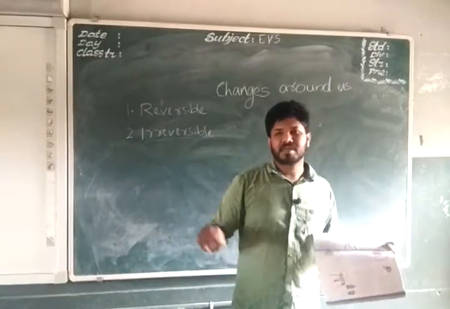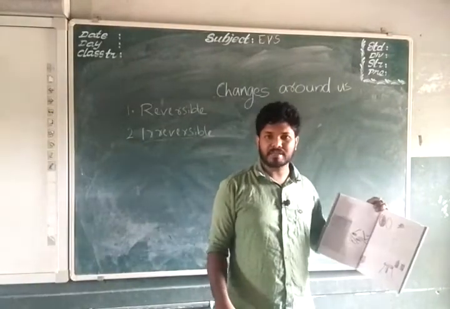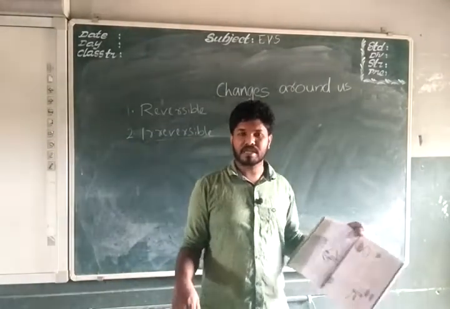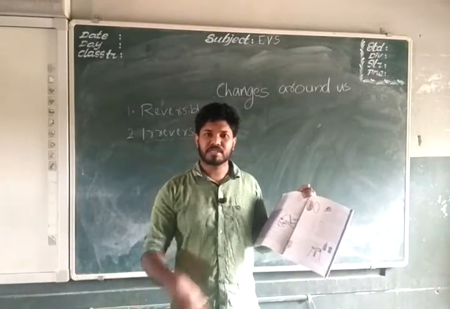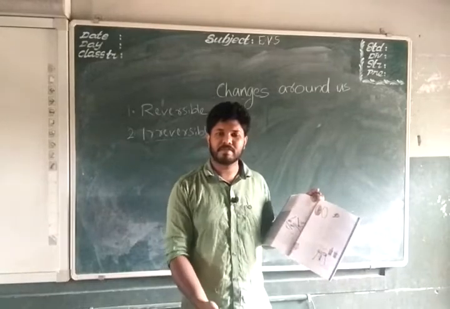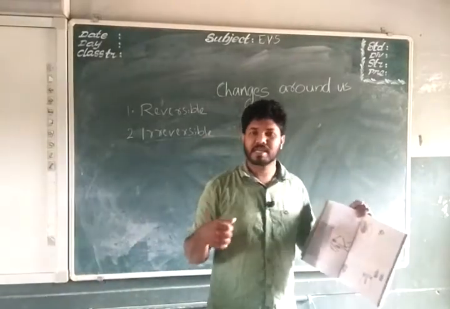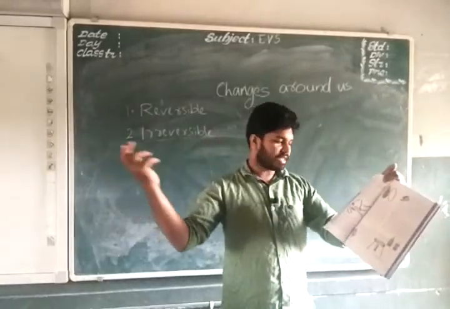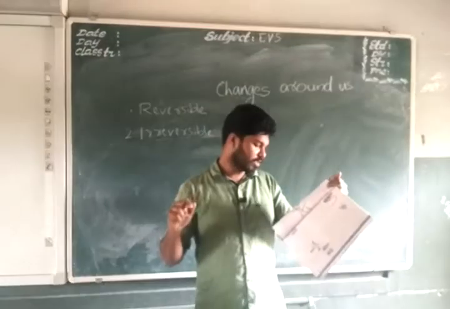After washing, we hang the clothes in the sunlight area where we get sunlight. So what happens? After some time it gets dried. Can we make it wet again? Yes, it's possible. By dipping it in water, we can again make it wet. So wet clothes to dry clothes, that is reversible change. So you have to put yes there.